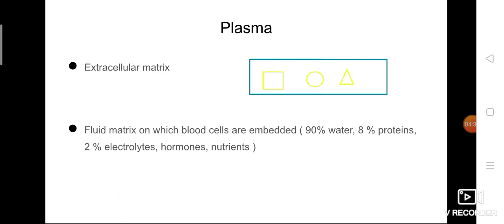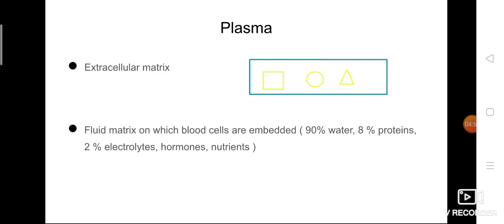So among the 55% plasma, it contains 90% water. That's why plasma is responsible for the fluidity of the blood. We know blood is the only thing which is able to move from our top to toe, isn't it? So that blood flow is given by this 90% of water. So plasma is responsible for this fluidity.